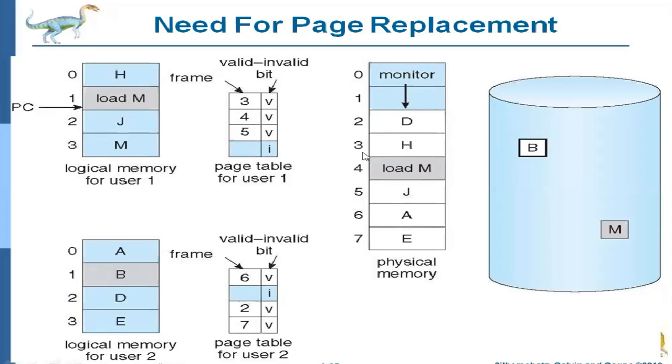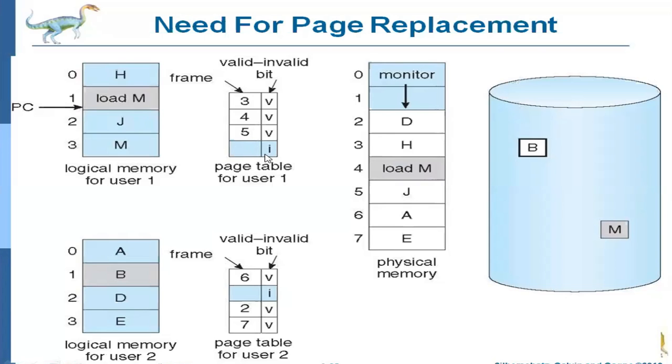And the third one here is invalid. I means invalid, and V is nothing but valid. Here at the third location, what page is there in the logical memory? M. But in the main memory at the third location, the page is H. That means invalid.